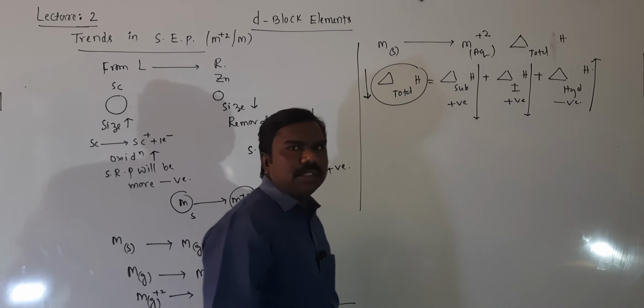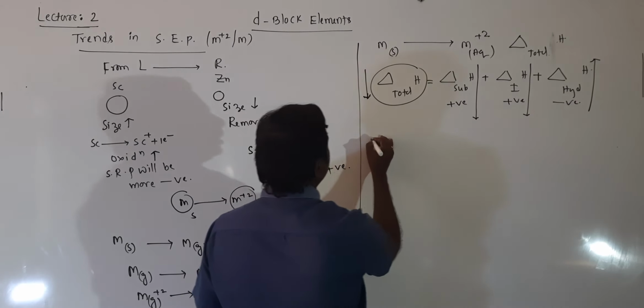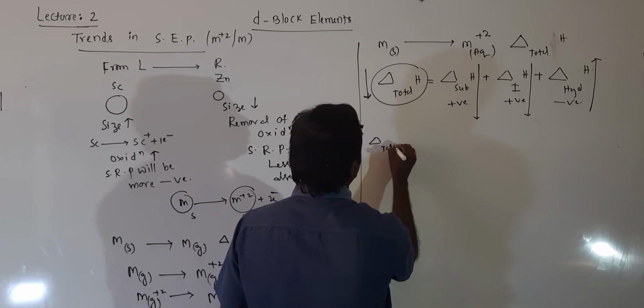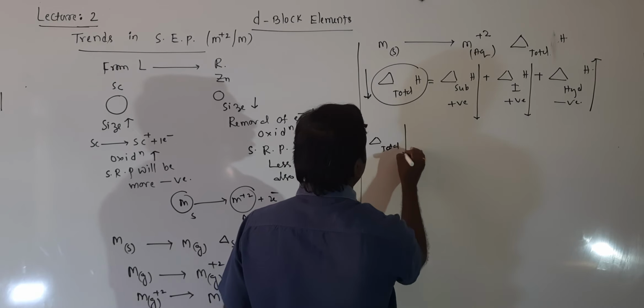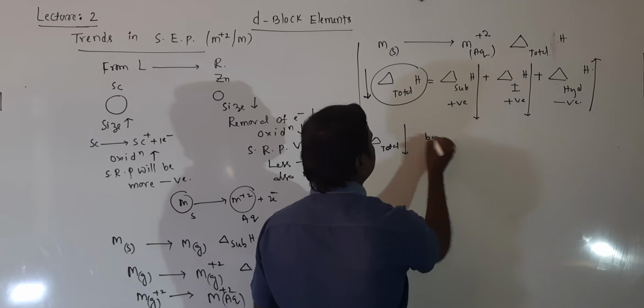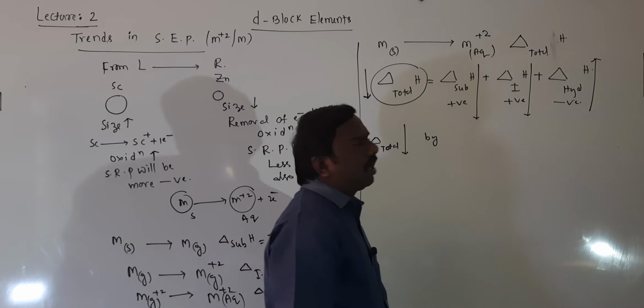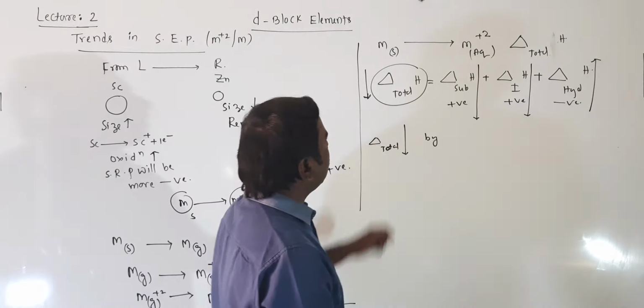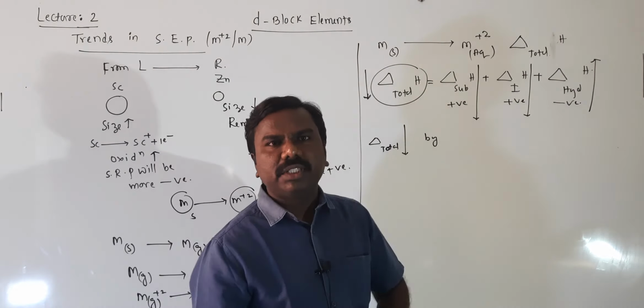Getting all of you? Yes. Now you just observe clearly. Delta H total decreases. If it decreases, what happened? Actually, M plus 2 will be formed, easily formed.